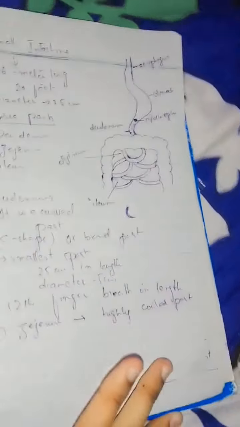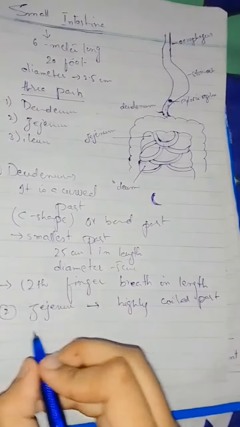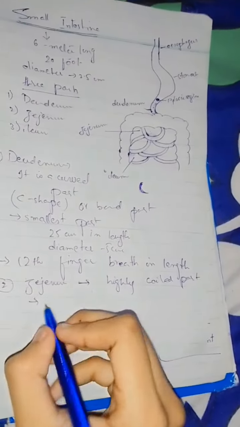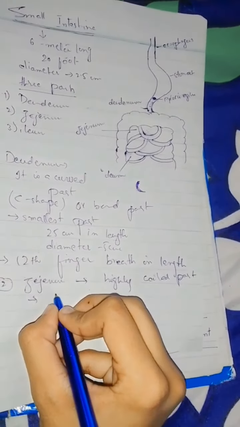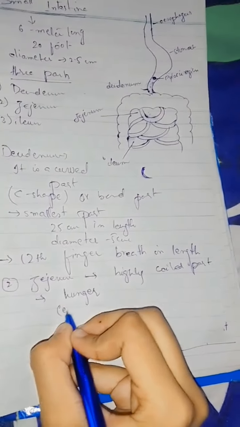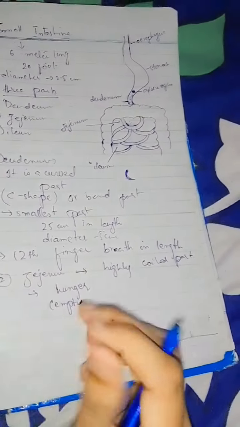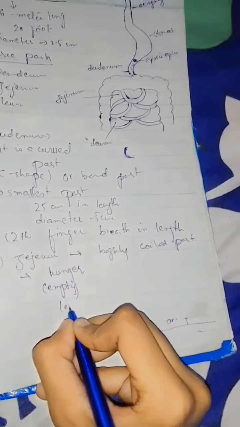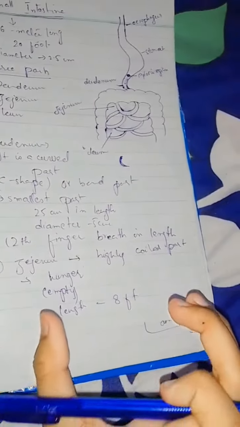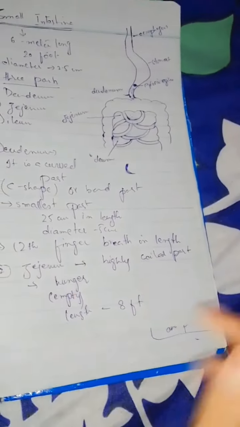As the duodenum means twelve finger breadths, the jejunum is often taken to mean hunger, but the exact meaning is empty. Its length is about 8 feet.